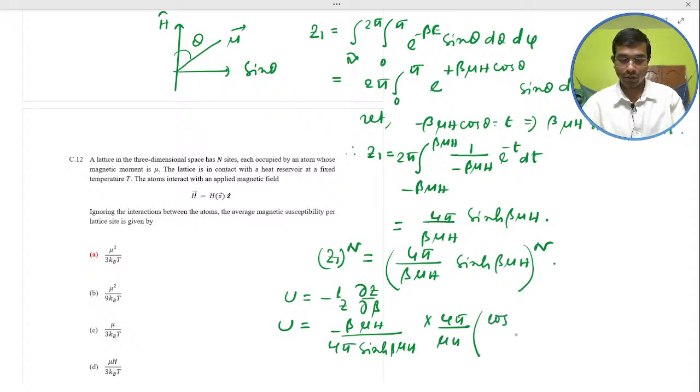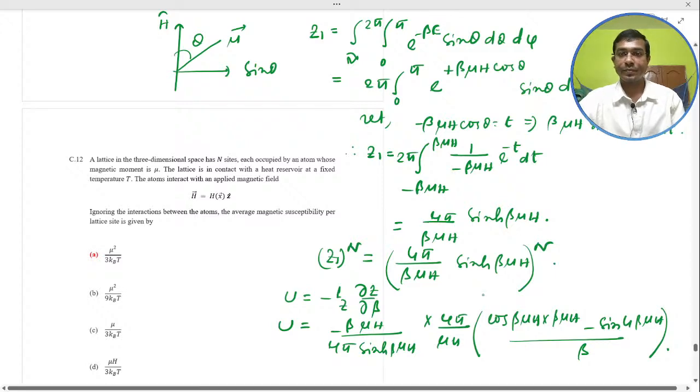Here it would become cosh(beta mu h) into beta mu h minus sinh(beta mu h), divided by beta. Calculate.